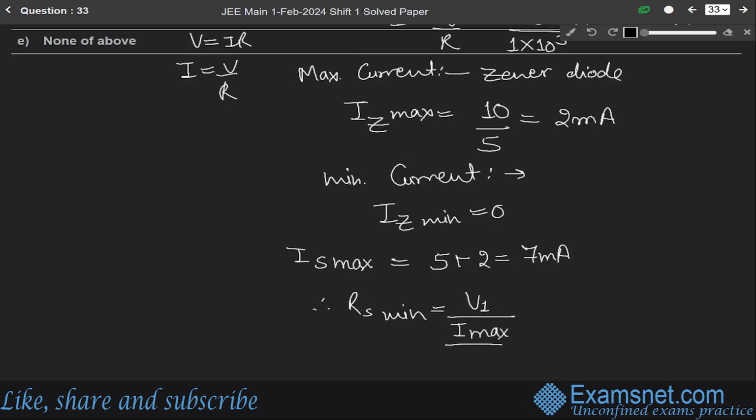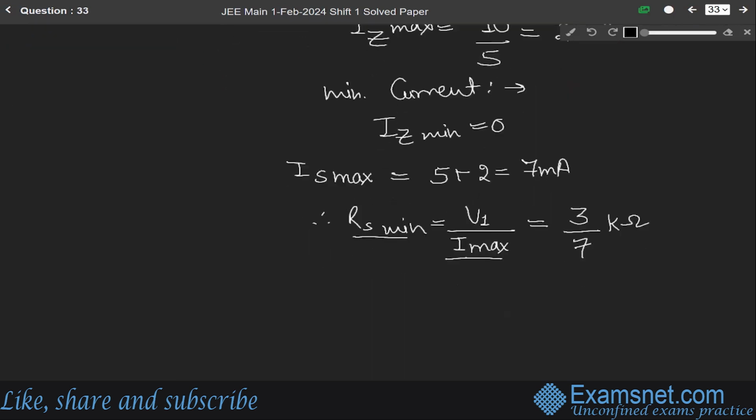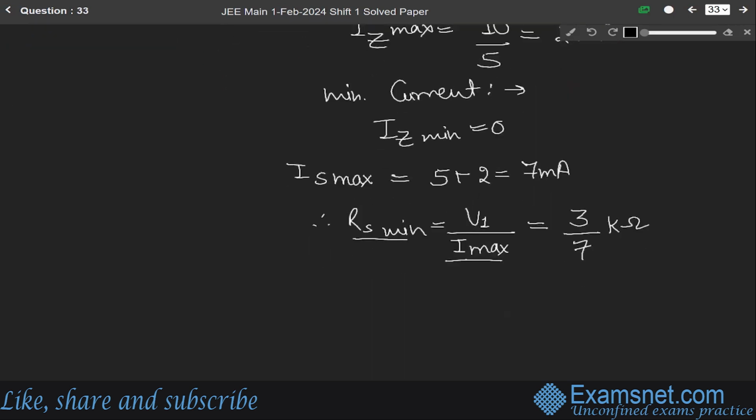When the current is maximum, RS has its minimum value. V1 is 3 and I maximum is 7, so it will be 3 by 7 kilo ohm. Similarly, IS minimum will be 5 plus the minimum current 0, which equals 5 milliampere.